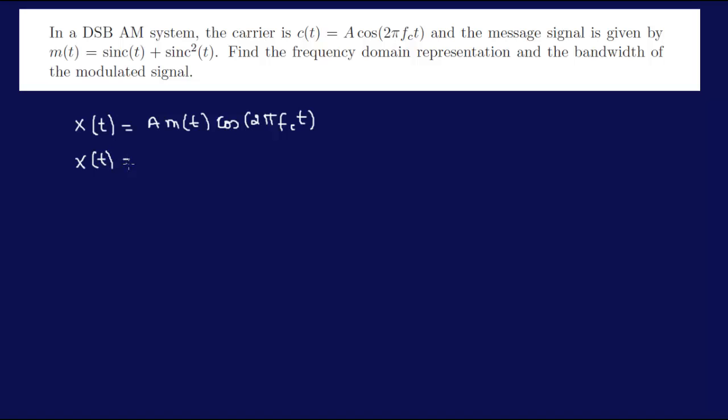Now we just replace our m of t by our sinc function that's given over there on top. So m of t is sinc t plus sinc squared t, now times cosine of 2 pi fct.